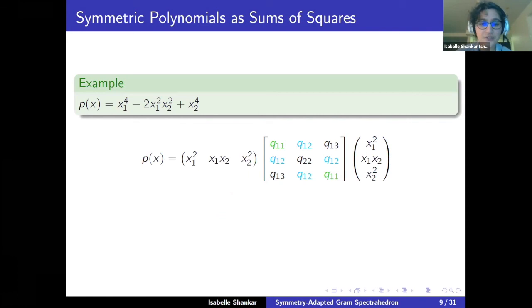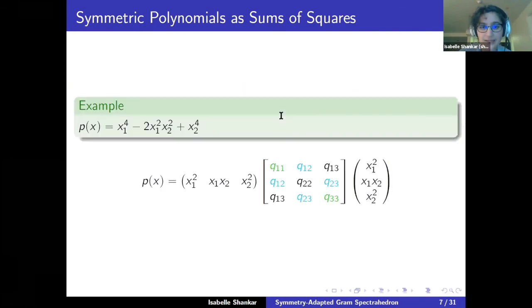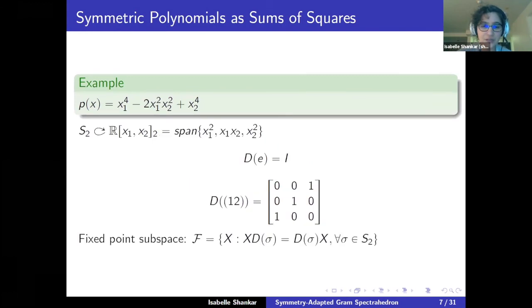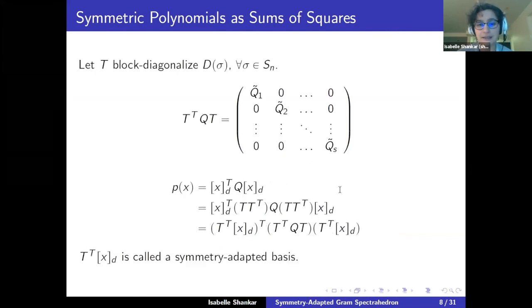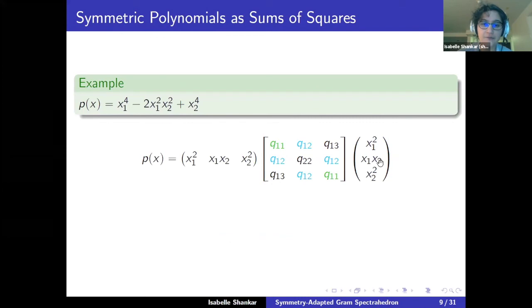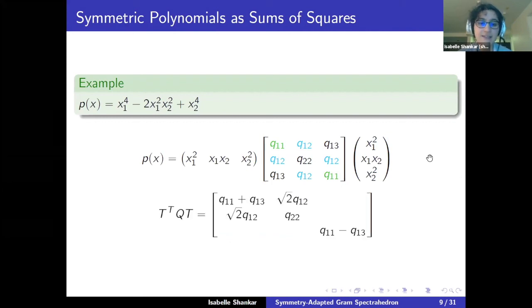So there's some change of basis matrix T that block diagonalizes this matrix representation, right? And again, it's orthogonal. There are algorithms for calculating it. And now that we have this restricted semidefinite program, we can block diagonalize that, and we get this 2 by 2 block here, and this 1 by 1 block.